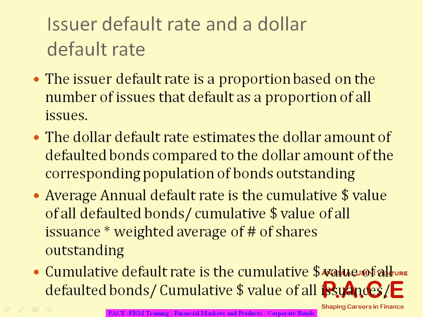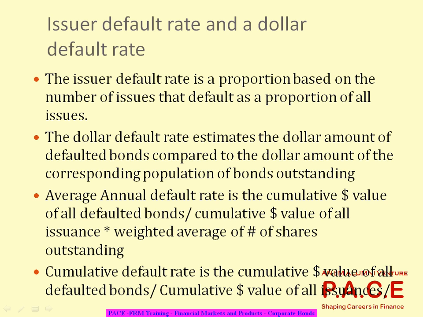You have to get some portion of that 25,000 back. So if you have recovered 20,000 out of that 25,000, 20% is the dollar default rate, because the company has defaulted around 5,000 out of every 25,000. That is the dollar default.